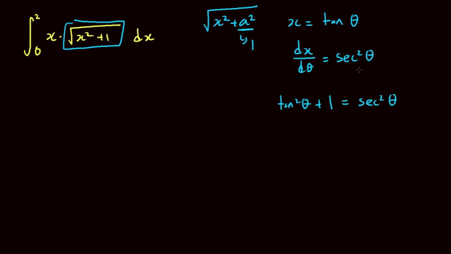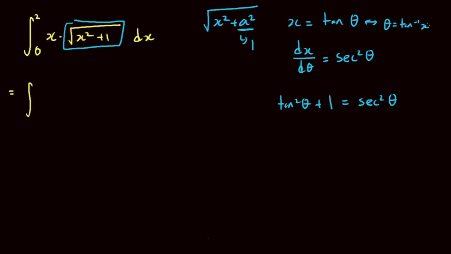Okay, so with that information we have, we can try to solve the indefinite integral first. So don't worry too much about the limits for now. If you also want to change the limits, we can. In this case, we use our calculator to change the limits, because theta is obviously tan inverse of x, right?